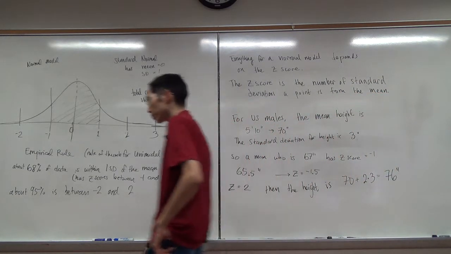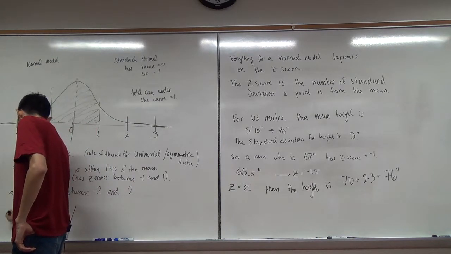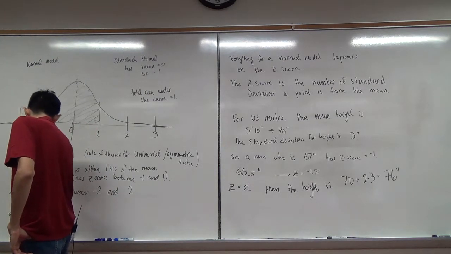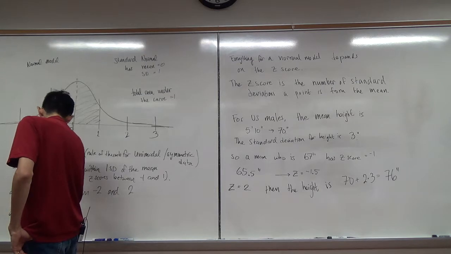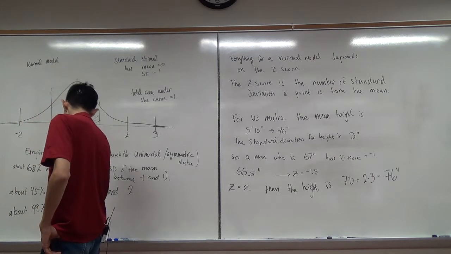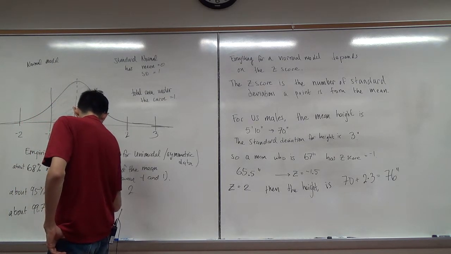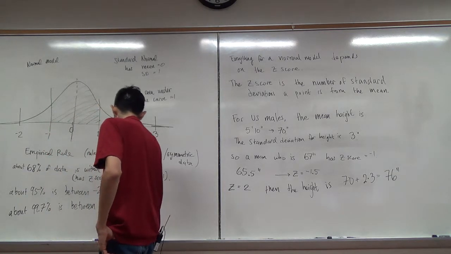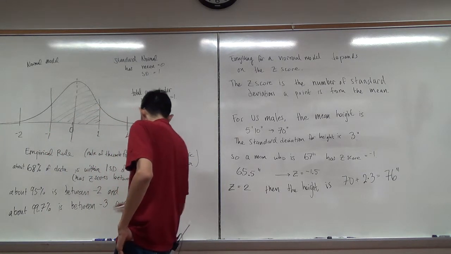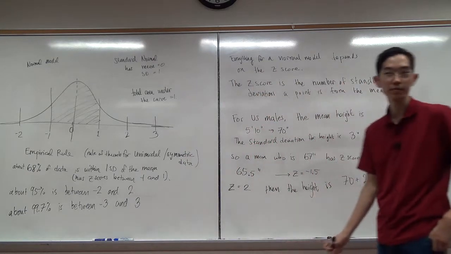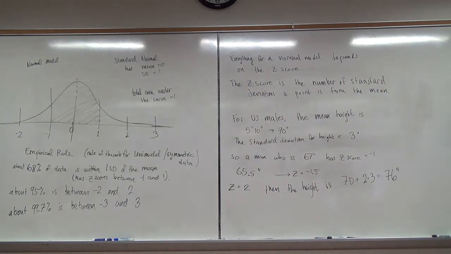And almost 100%, about 99.7%, is between -3 and 3. So this gives us an idea of what is considered a large z-score versus a small, or typical, z-score.